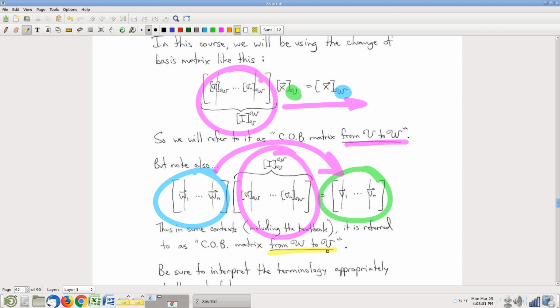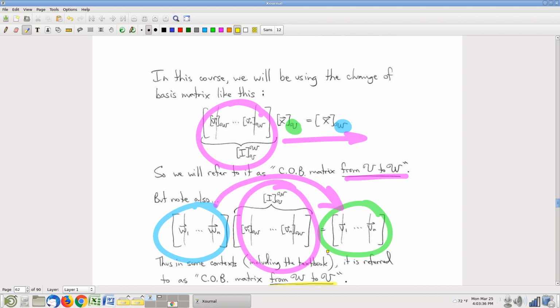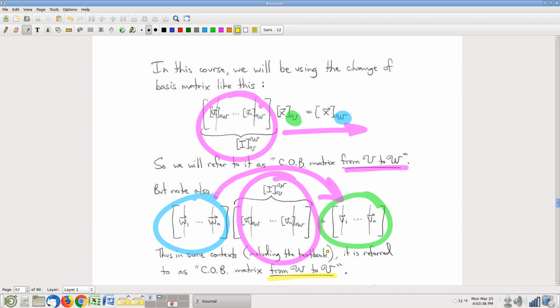And so they say from W to V. Okay, does everybody see the conflict and the tension?